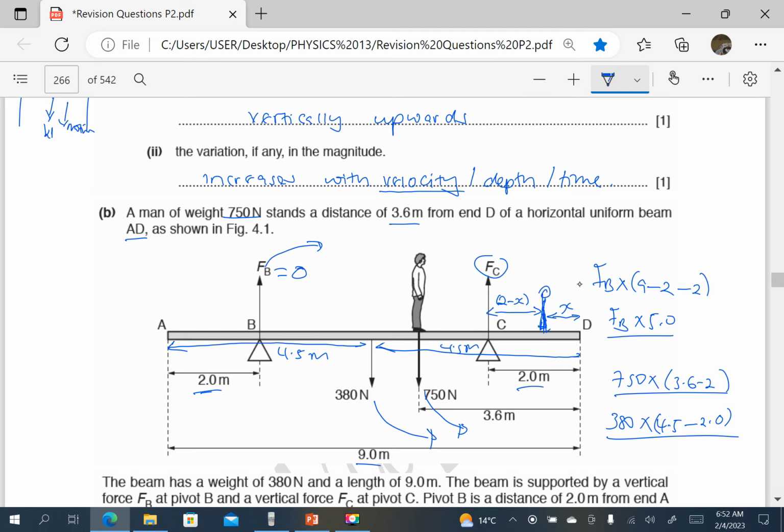Because as the man moves towards end D, the force FB is decreasing.